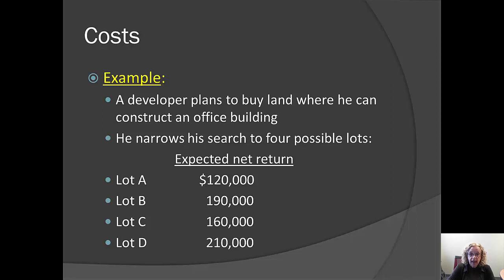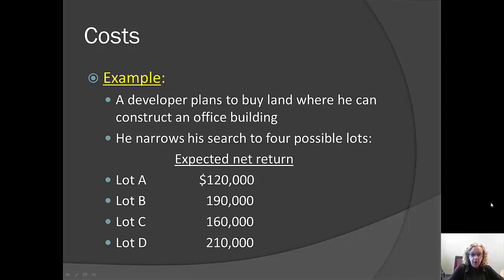Now let's take a look at an example. A developer plans to buy land so that he can construct a building. He's picked out 4 possible lots, and we're given some information about each of those lots. Specifically, we're told the expected net return.